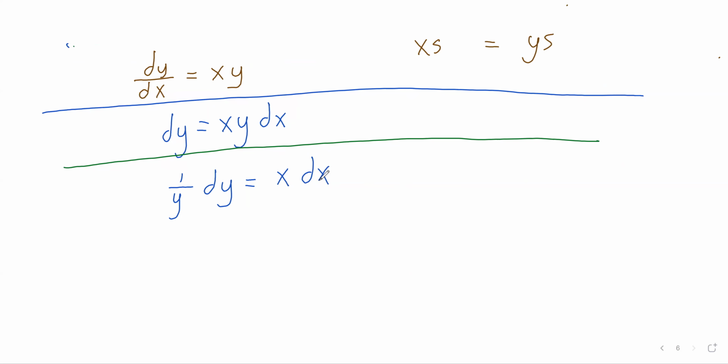Whereas now, if we add integral signs to both sides, the integral of 1 over y dy equals the integral of x dx. And the issue that we had, our variables mixed together inside of integrals, vanished.